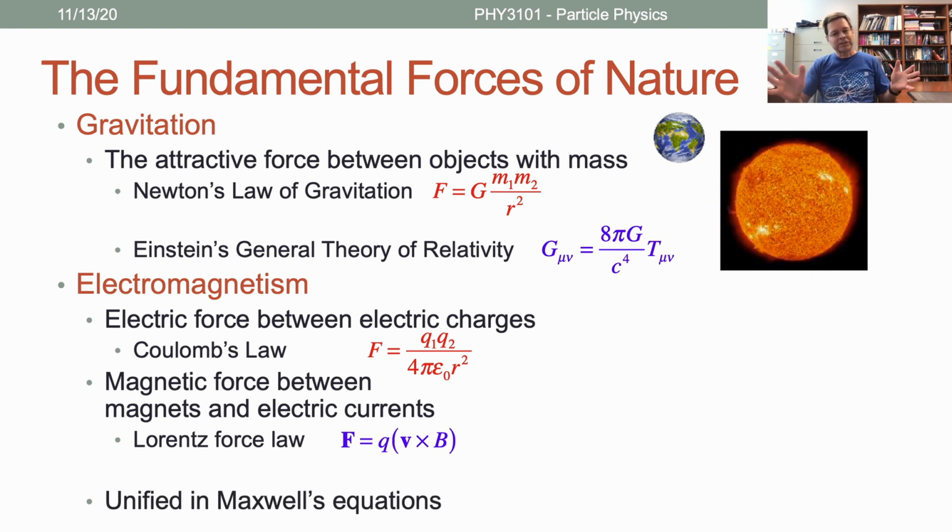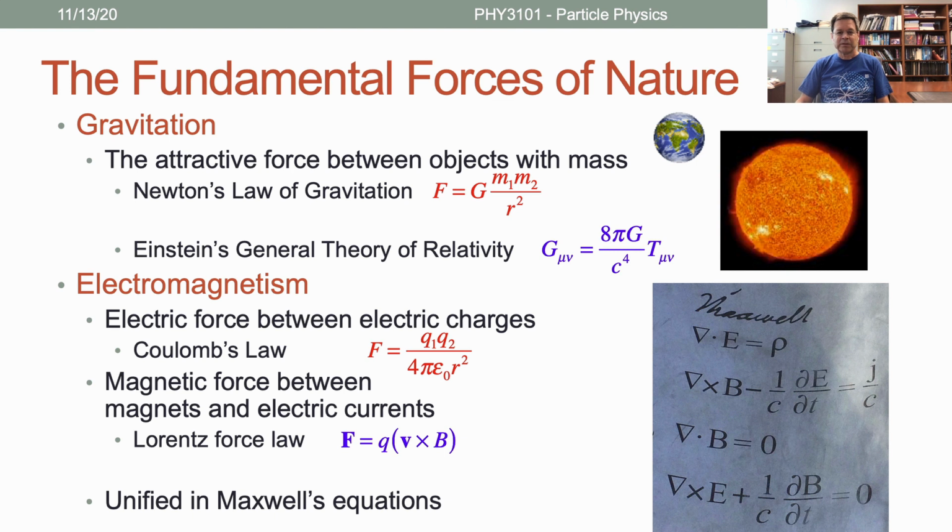And it turns out the electric and magnetic forces have been unified in a set of equations called Maxwell's equations, where I just show a version of them on the right, which was on a scientific memorial, if you like.